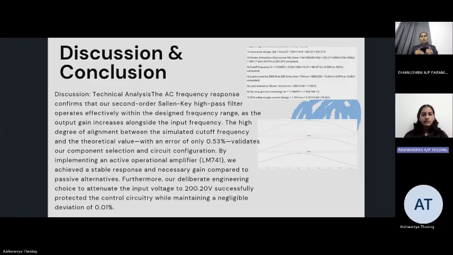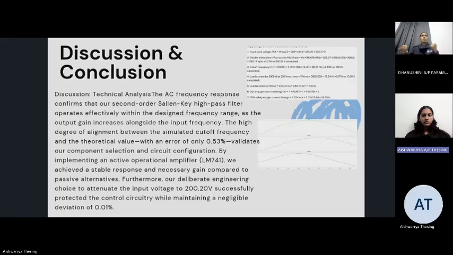The cutoff frequency we get is 99.47 Hertz. When we do the simulation, we get a cutoff frequency of approximately 100 Hertz, which gives a small percentage error of only 0.53%, which validates the accuracy of the component selection and the circuit configuration.